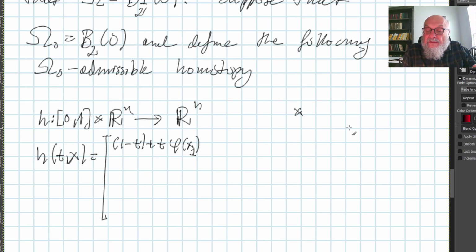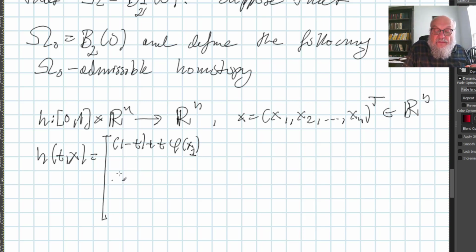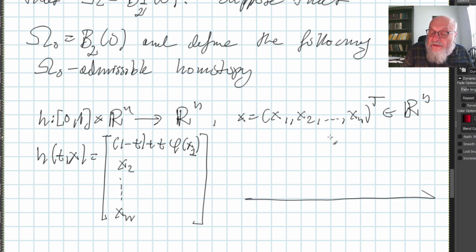So here we have x equal to (x1, x2, ..., xn) transposed, belonging to Rn. So I put here phi 1 of x. I will explain it. This function phi is kind of easy to imagine.